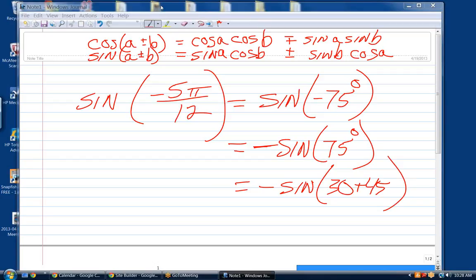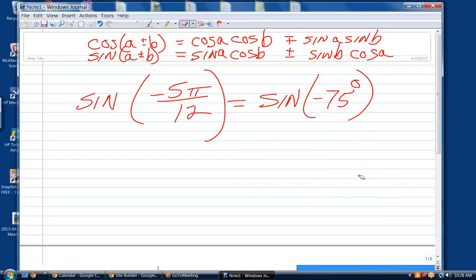Let's go back and see if we can do it without using that piece of information. Well, we probably can. How can we break up two numbers so that we end up with a negative 75?